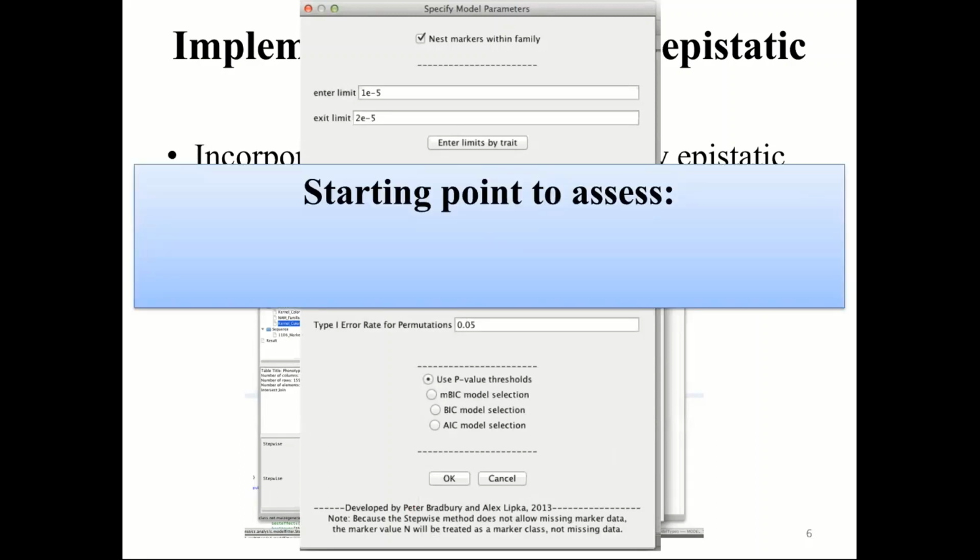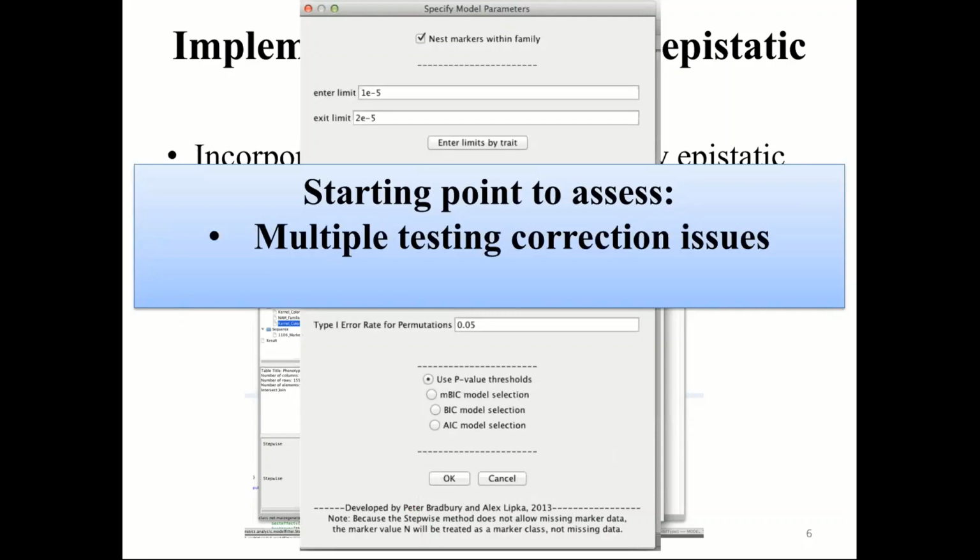So this was a starting point for me to assess multiple testing correction issues. As the number of markers increase, the more difficult it is to identify the correct QTN. And also computational issues. If you're doing SPAMEL on 1 million genome-wide markers, it's going to take forever to run. And when I say forever, perhaps hundreds of years.